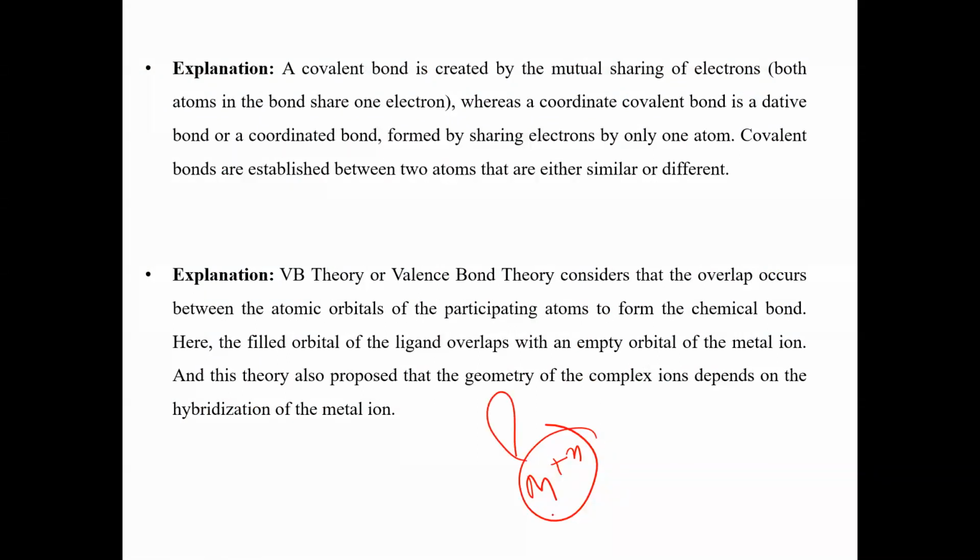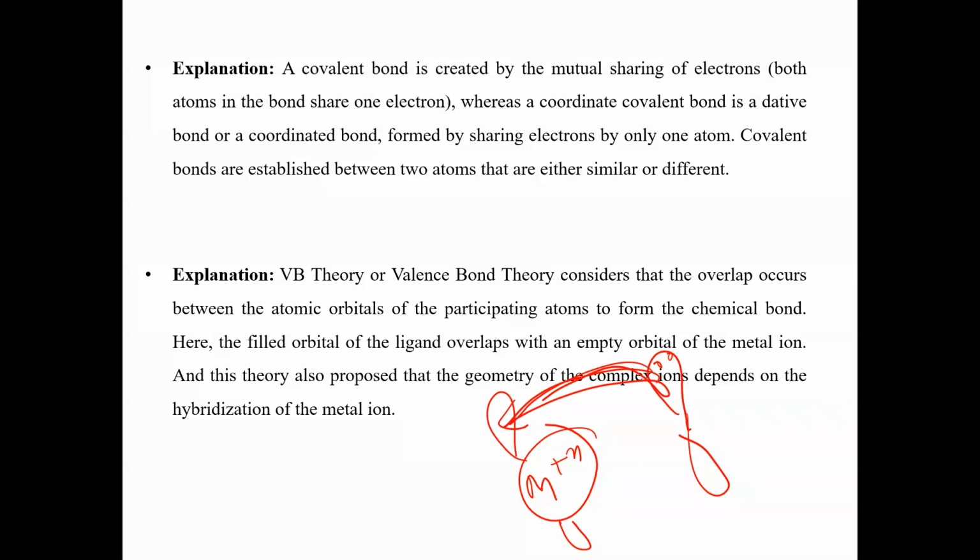So if it is having any vacant orbital, the ligand which is already having a lone pair can easily donate its lone pair. Okay, so the effective overlapping will be there. So that is basically the postulate of valence bond theory.